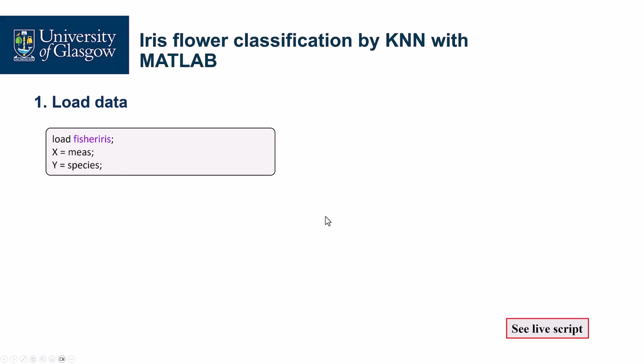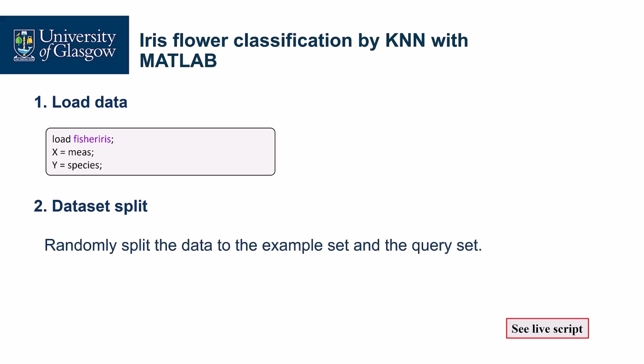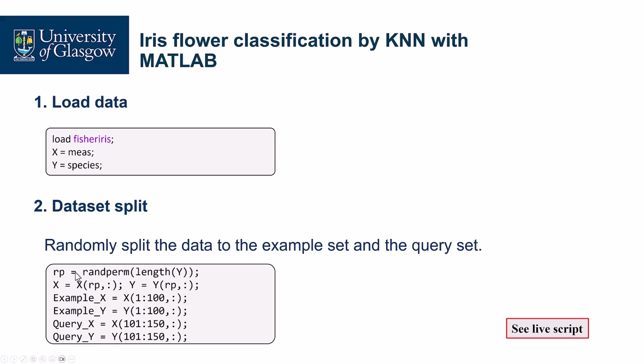Then I will split the 150 samples into the training data, what we call the example data, and the query data. We use a randomly split data set. We use a function called randperm. You can check it on Google to see how this function works.